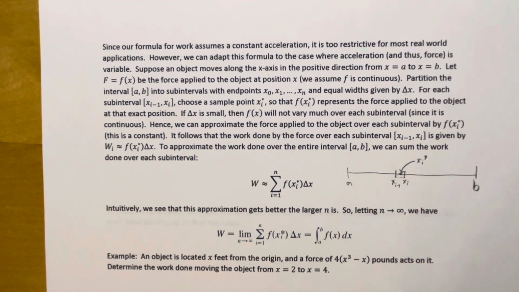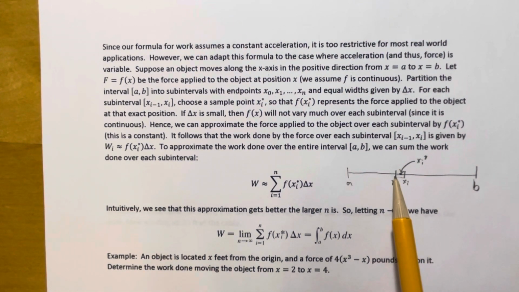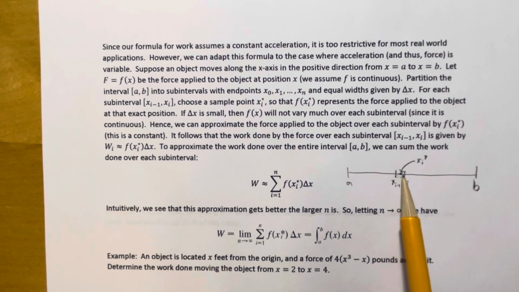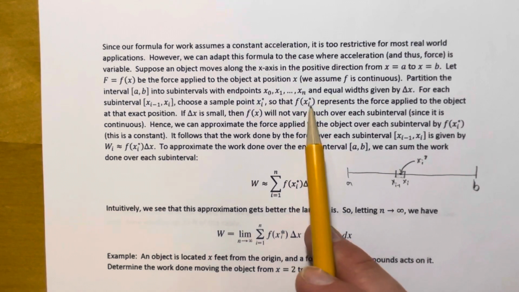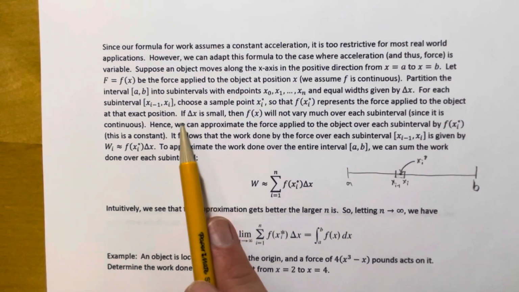If I approximate all of the force applied throughout this subinterval by just a single quantity, f of x_i star, then I'm approximating that force with a constant. And that's what allows me to go back to my original work formula where force was assumed to be constant, okay?